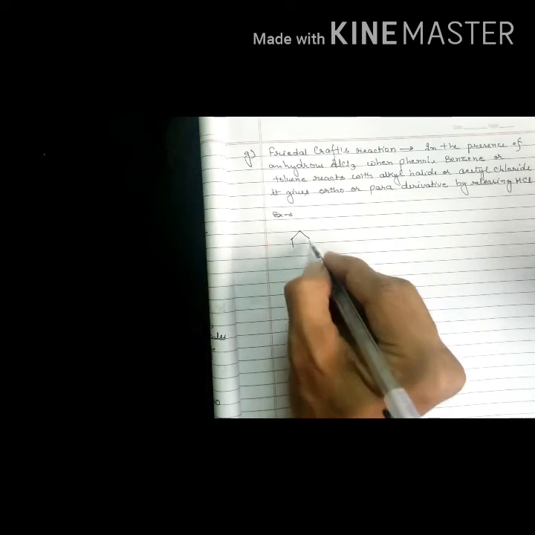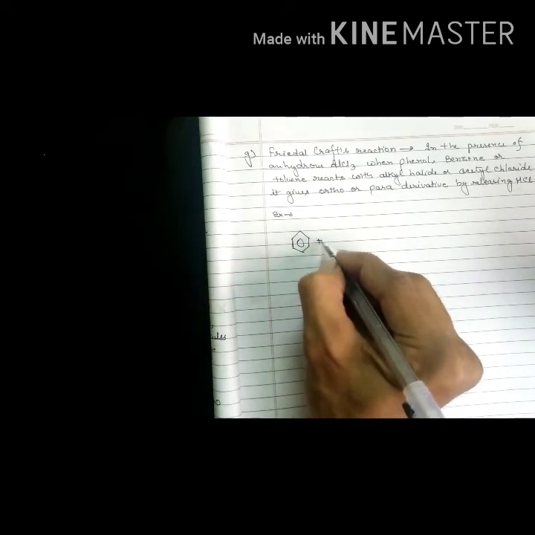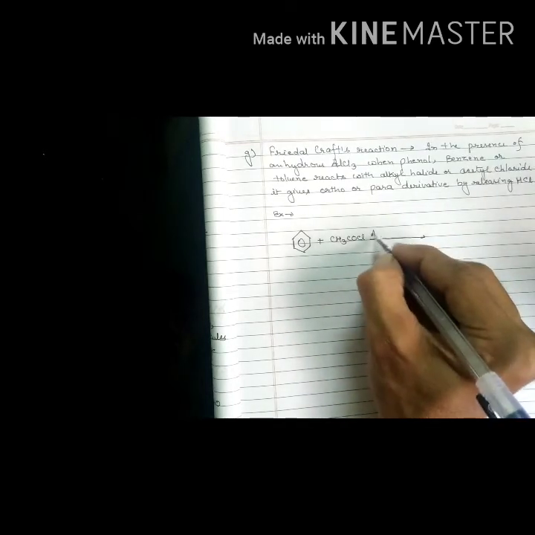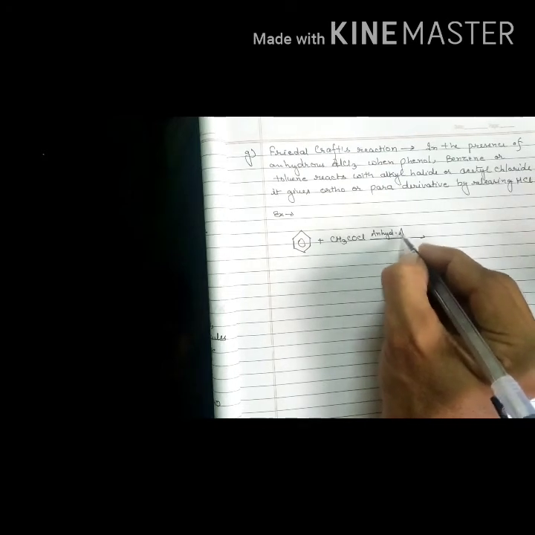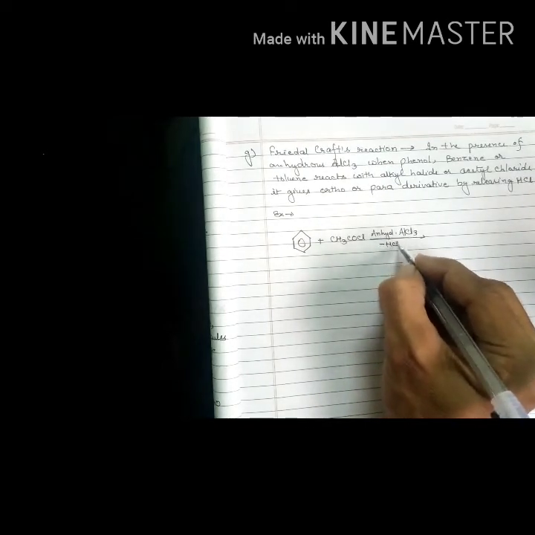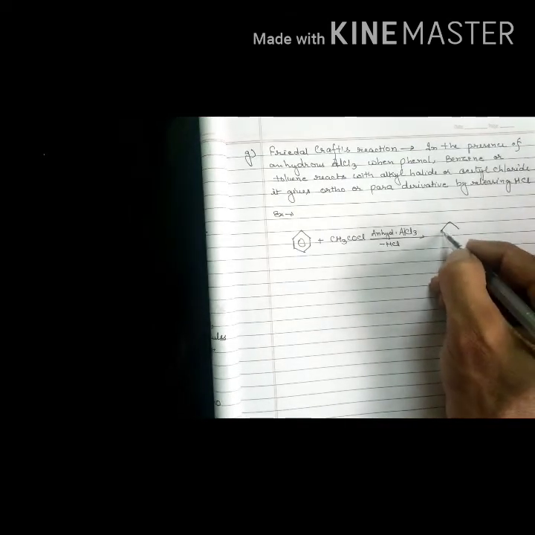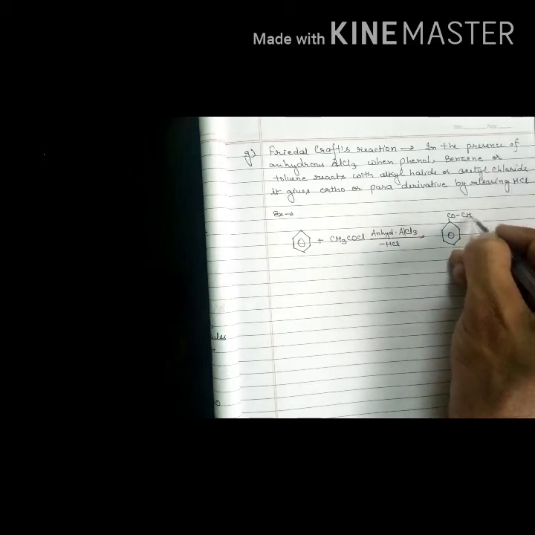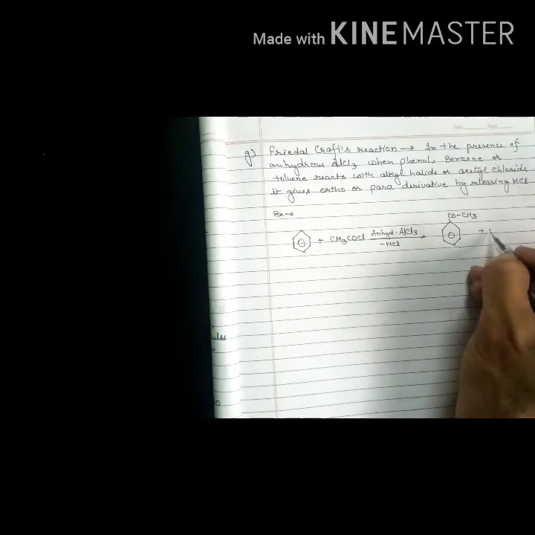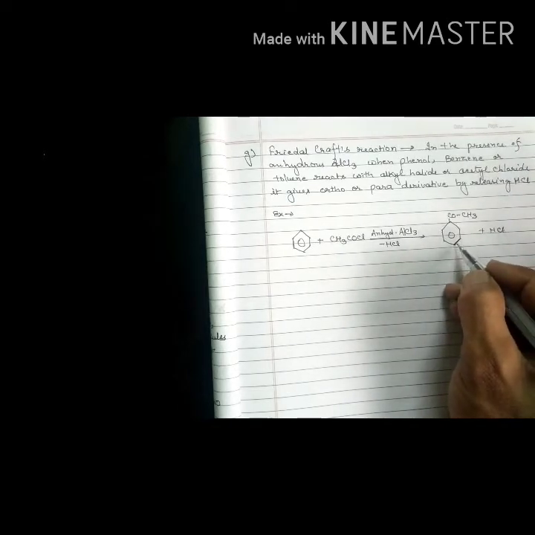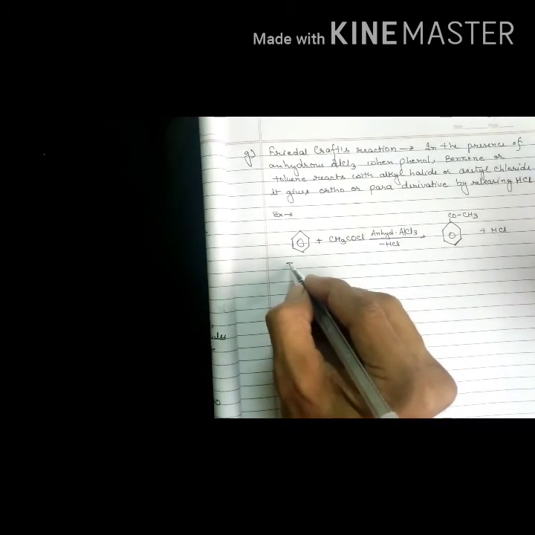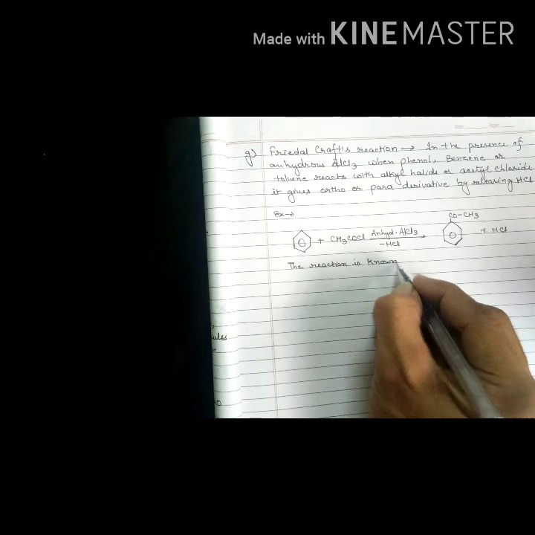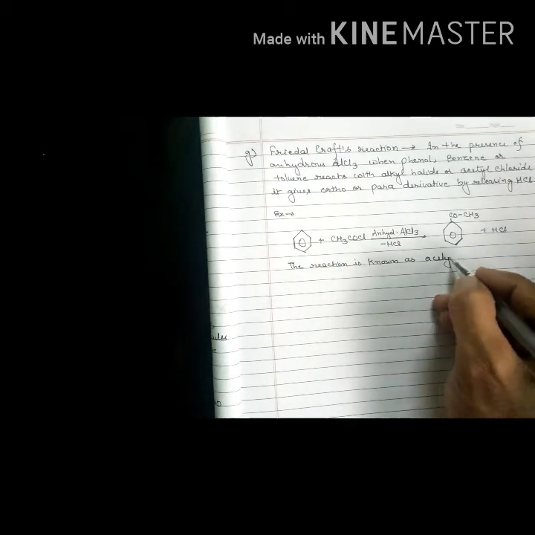This is the benzene ring. It reacts with acetyl chloride, CH3COCl, in the presence of anhydrous AlCl3, with release of HCl. This reaction is known as acetylation.